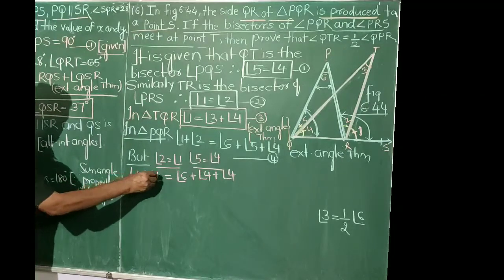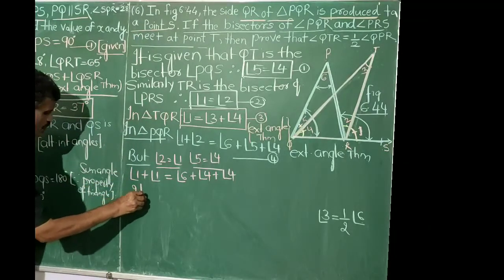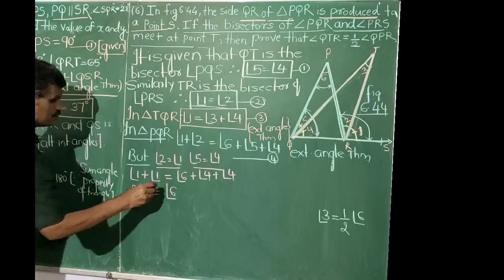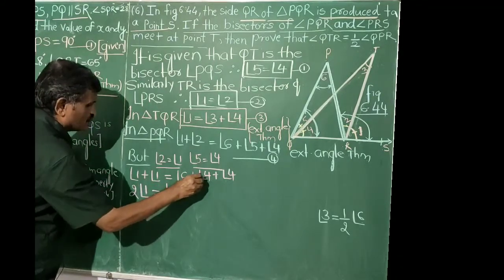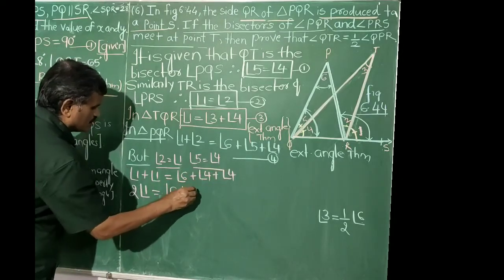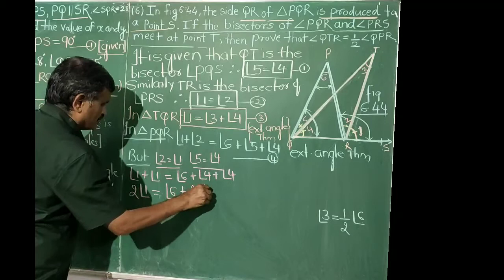So angle 1 plus angle 1 is 2 times angle 1, plus angle 6, is equal to angle 4 plus angle 4, that is equal to 2 times angle 4.